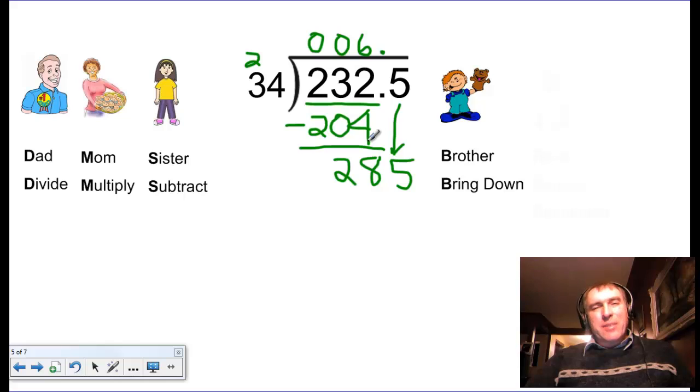So is it going to be 2 more, or is it going to be 1 more? Well, let's try 2 more. So 8. 8 times 4 is 32. Change this into a 3.